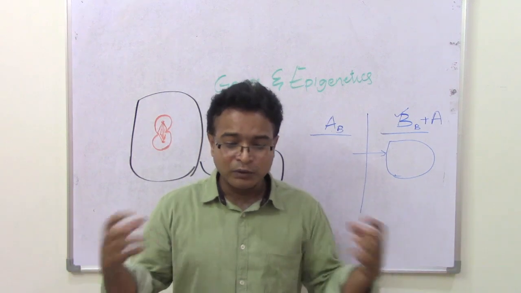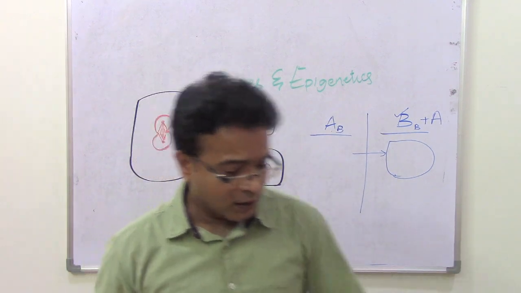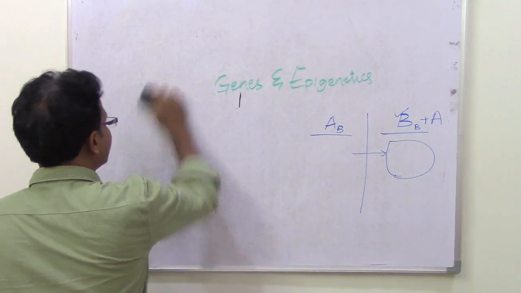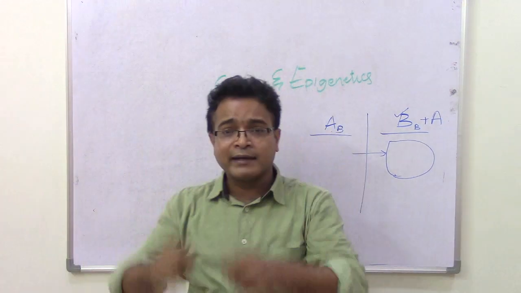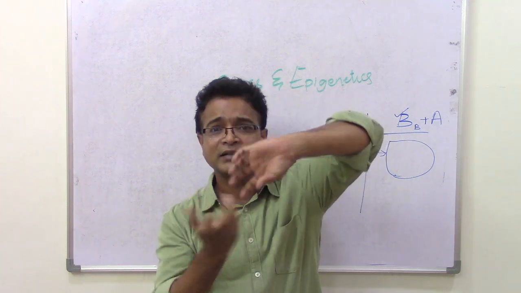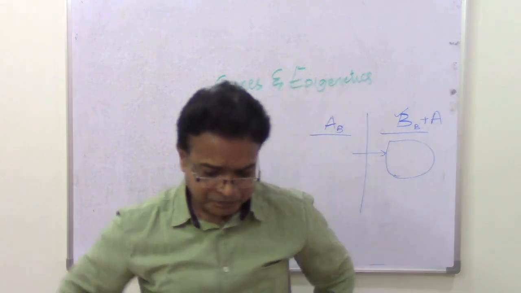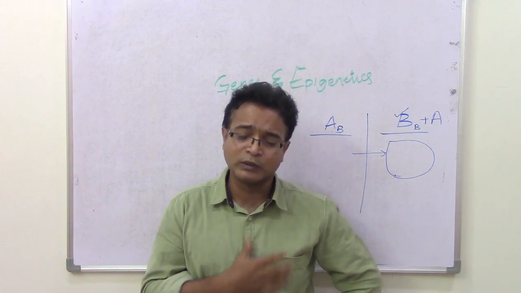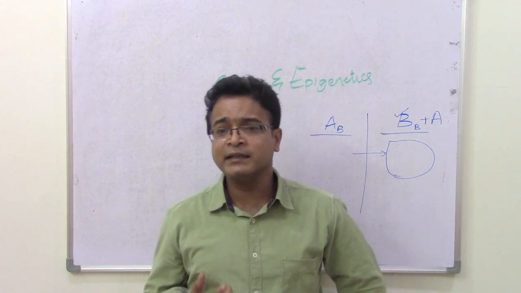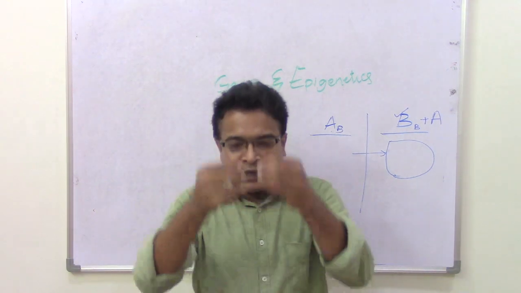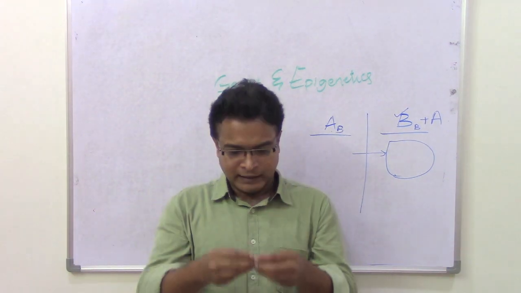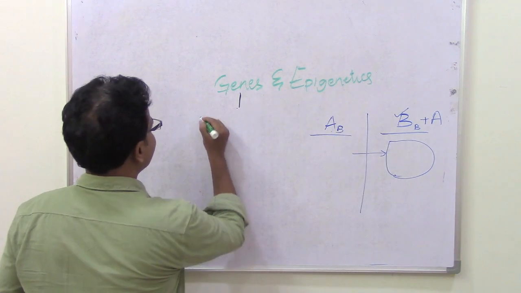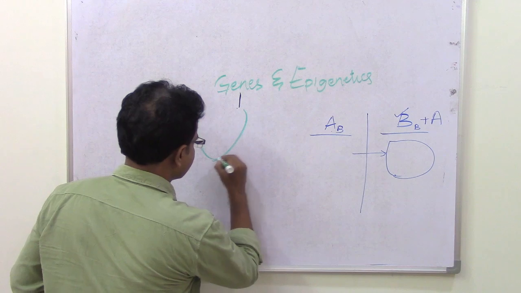Then they looked at the structure of DNA. We all know the structure of DNA is a double helix. If you take a ladder and twist it, that is the shape of DNA. Watson and Crick discovered the shape of DNA. The beauty of DNA is that the two strands of the double helix are exact mirror copies of each other.